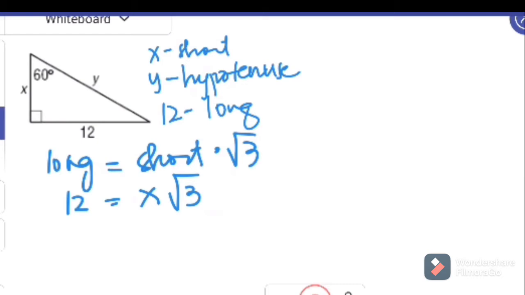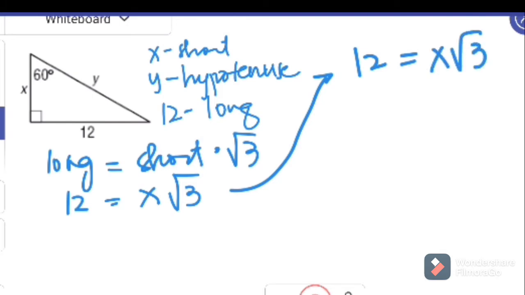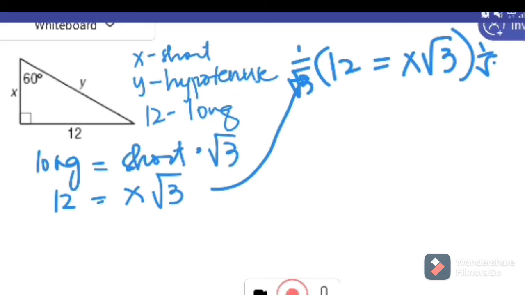Let's rewrite it here. 12 is equal to x square root of 3. To find x, we multiply both sides by 1 over the square root of 3. So this is now x is equal to 12 over square root of 3. But as we know, we cannot have a square root in the denominator.